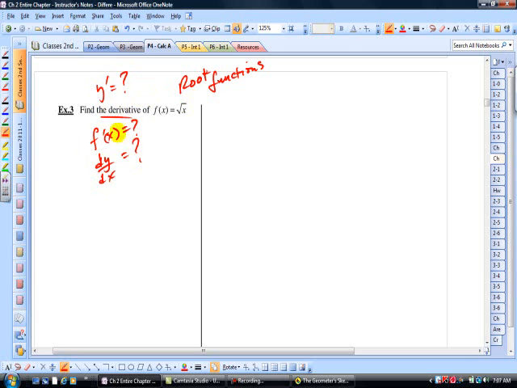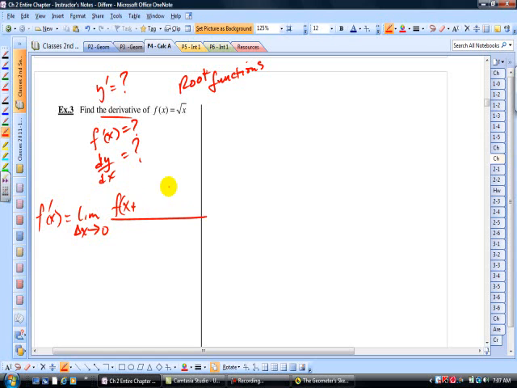These are all the same thing, meaning find the derivative of the function given that f of x equals root x. And as I always say, write down the limit definition right here so you can have it in your sights because it's the first time you've seen it. So the limit as delta x approaches 0 of f of x plus delta x, got to write it correctly here, minus the function itself, divided by delta x.